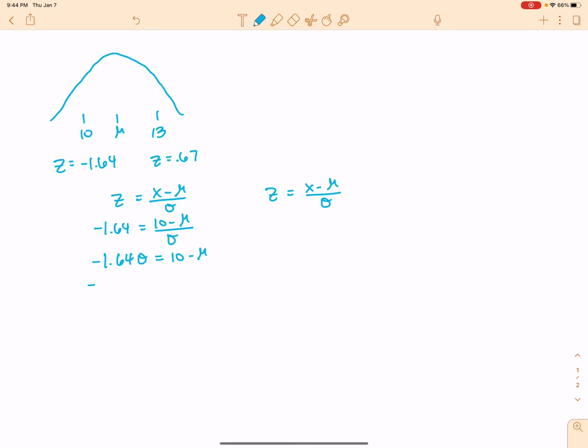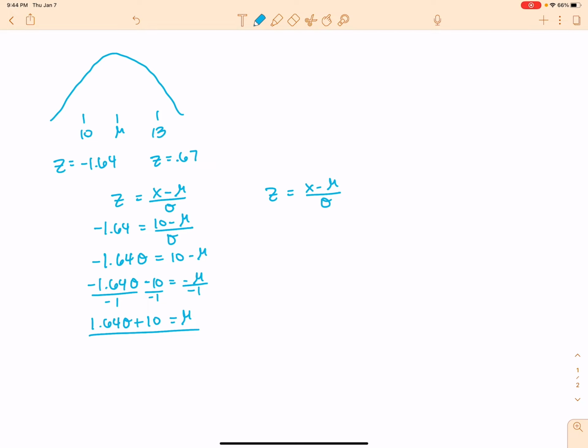Then I'm going to subtract 10 from both sides, and divide everything by negative 1 because I don't want negative mu. So this mean is equal to 1.64 standard deviations plus 10.